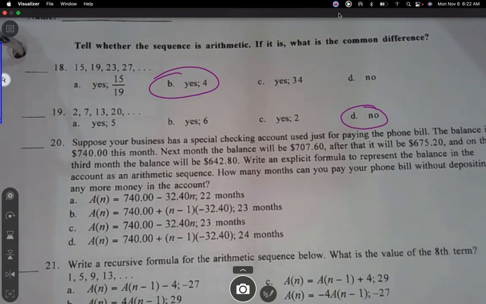Alright, we're getting to what y'all did on Thursday. Let me write your two equations. So the first one, recursive. Do y'all remember this?